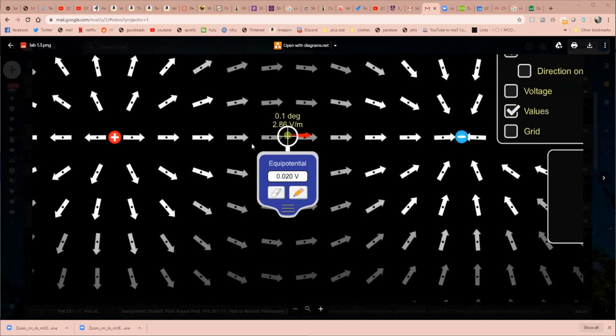This one's pulling on it, this one's pushing on it. That's how you said to solve for the magnitude. That's correct. And so the magnitude would be equal to the value of the x component. Right. In this case, because the y direction is essentially 0, you're at 0.1 degrees off of the median line here. Yes. You just solve for it that way.